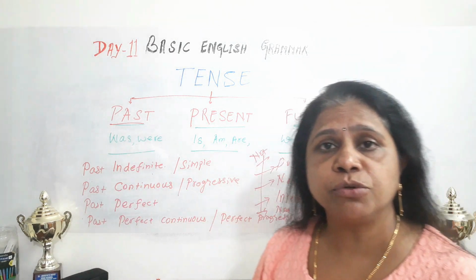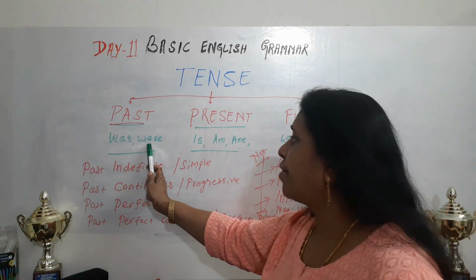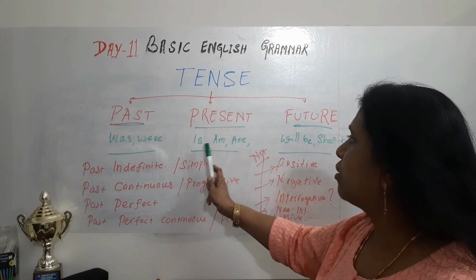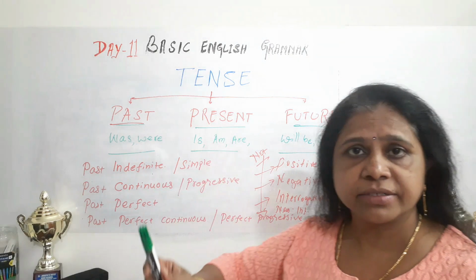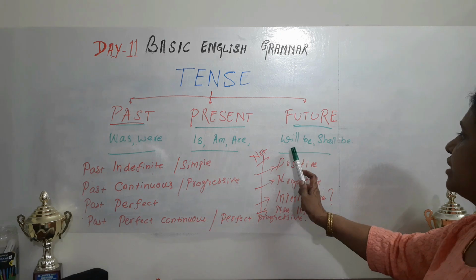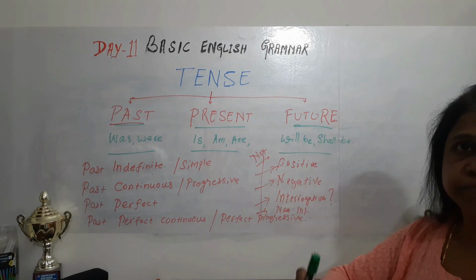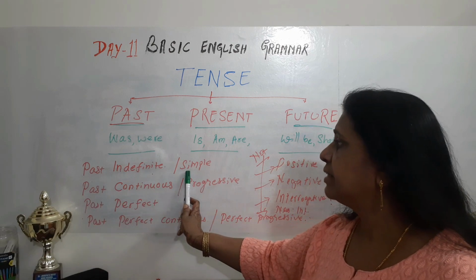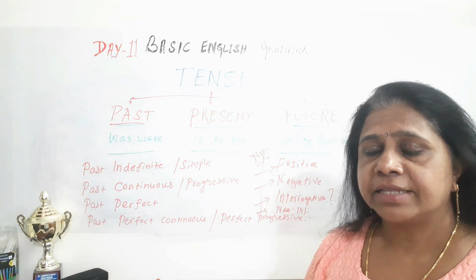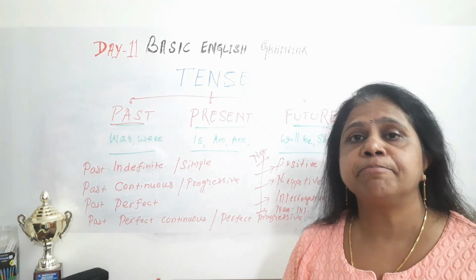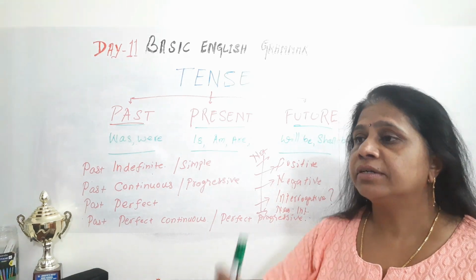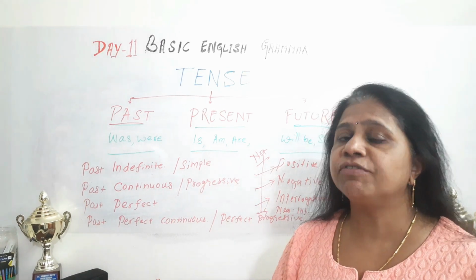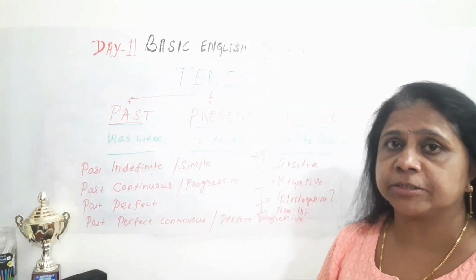In past tense, we use was or were, and in present tense, we use is, am or are, and in future tense, we use will be, shall be. Alright? And in past tense, we have past indefinite or the simple sentence, that is a normal simple sentence having subject, verb and object. We'll see tomorrow how to form the sentence.